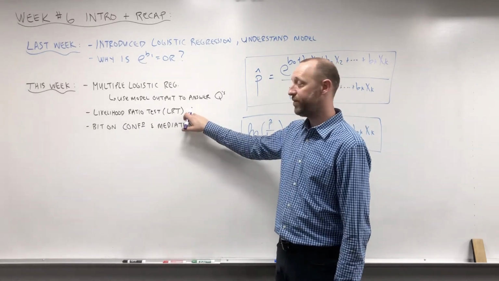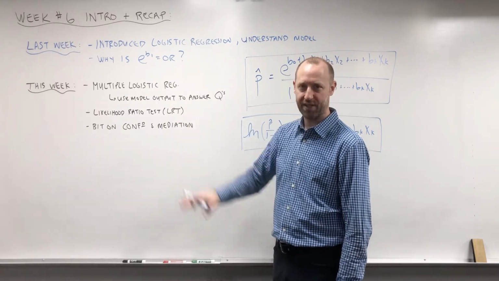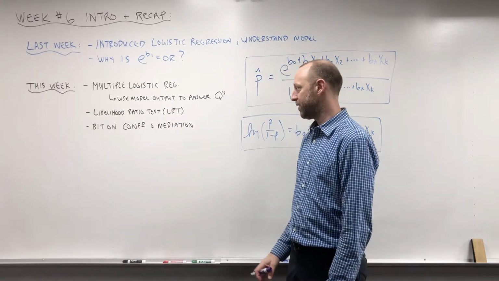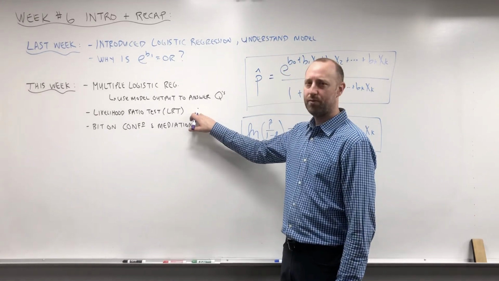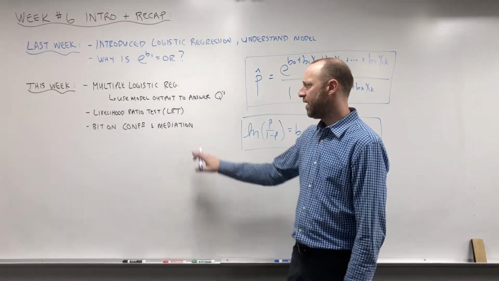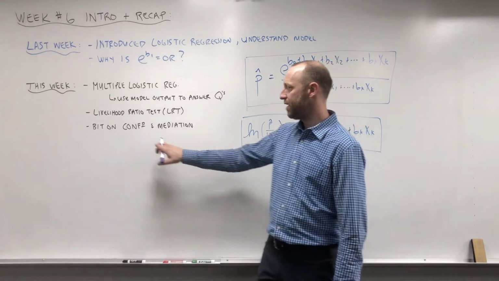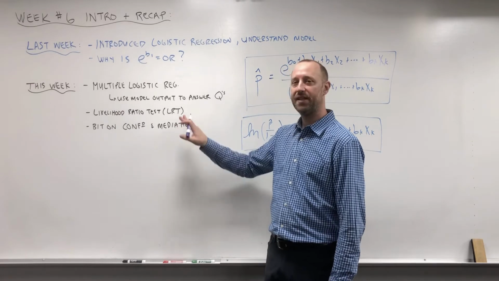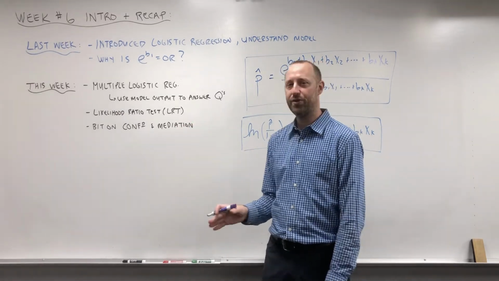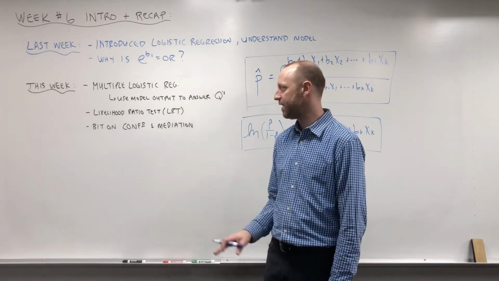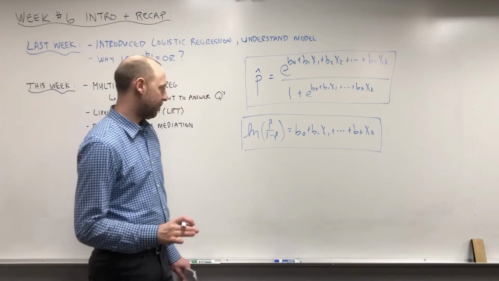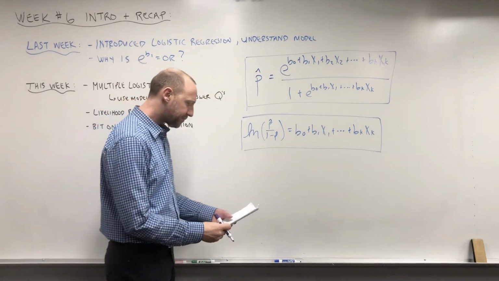So this is a test we can use to compare nested models for all generalized linear models, so for logistic, Poisson, and survival analysis through the rest of the course. We'll also remind ourselves of AIC or BIC for comparing non-nested models. And then look a little bit at the idea of confounding as well as mediation in the data set that we're working with. In a separate video, I'll introduce the low birth weight data, which is the data set we're going to work mostly with for logistic regression from now going forwards.